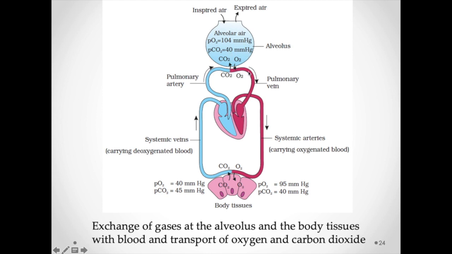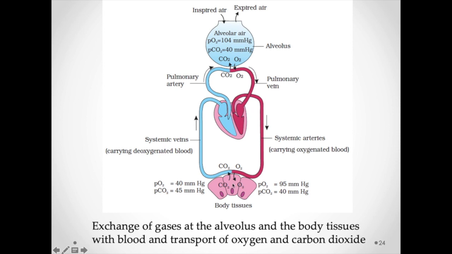Now oxygen moves inside the blood and enters the pulmonary vein and reaches the left part of the heart, that is the left atrium, left ventricle, and then to the whole of the body. Again, this is a place of body tissues where exchange of gases takes place. The blood that is rich in oxygen diffuses oxygen inside the tissue.